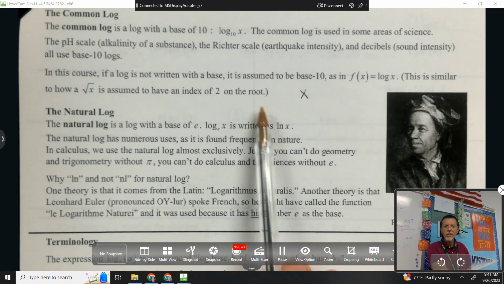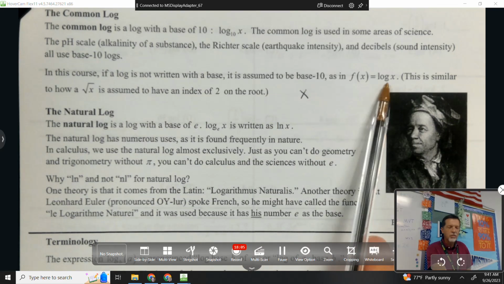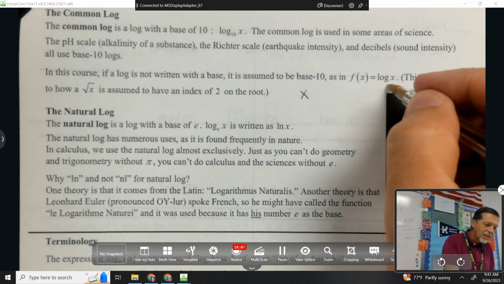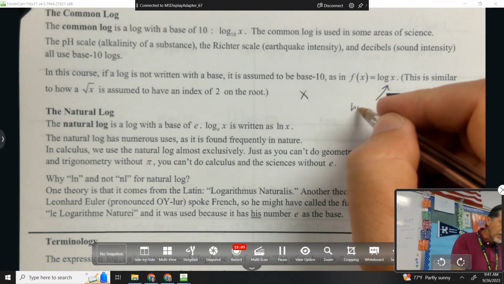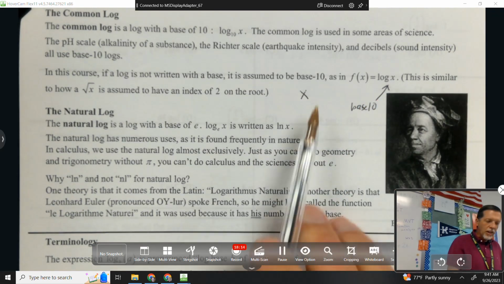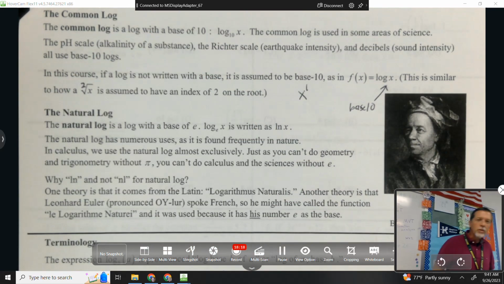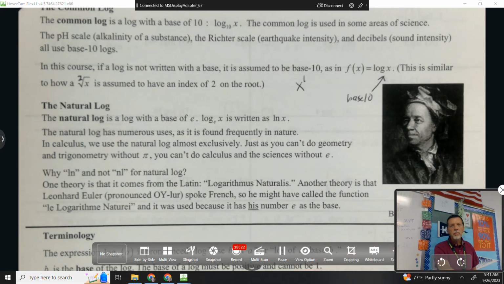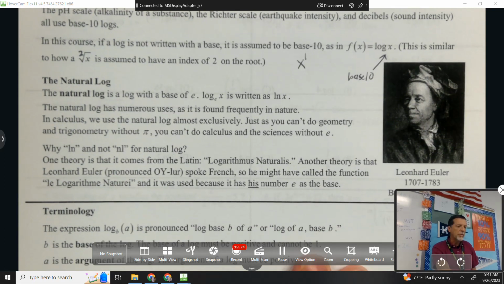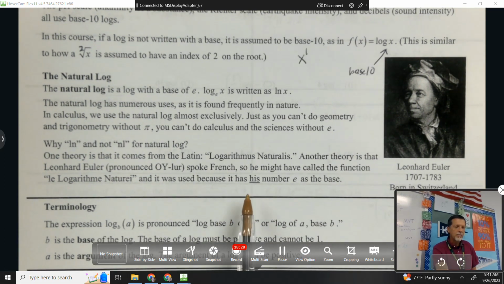And so log is one of those spots where if we just write log of x, it's base 10. We don't have to write the 10, just like we don't have to write the power of 1, we don't have to write square root. There's just hidden numbers. I guess if the number's common enough, we all assume whichever one it is.